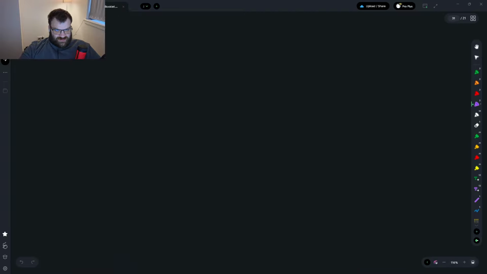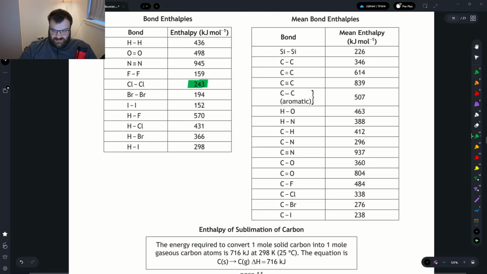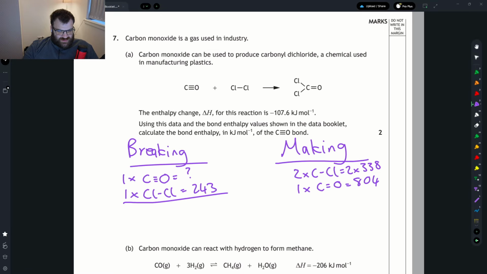Chlorine-chlorine, carbon double bond O, and carbon to chlorine, that's the 3 of them there. Next, we're going to total them up. Let's just call it X for easiness. So it's X plus 243, whatever that value is. And on the other side, 2 of them would be 676, add on the 804, 1480.